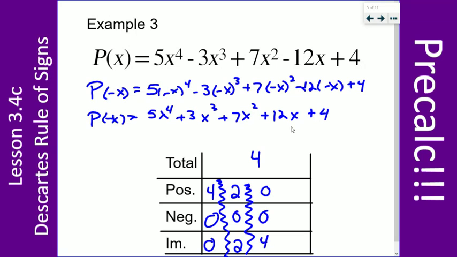Okay? So this is saying 1, 2, or 3. These are all of the possibilities for what our solutions are going to look like. We'll either have 4 solutions that are all positive real numbers, or 2 solutions that are positive real numbers and 2 imaginary solutions, or no positive real solutions, no negative real solutions, and all imaginary solutions.